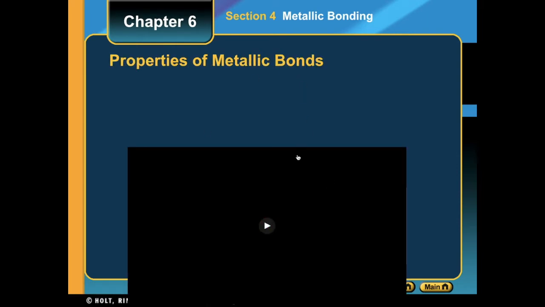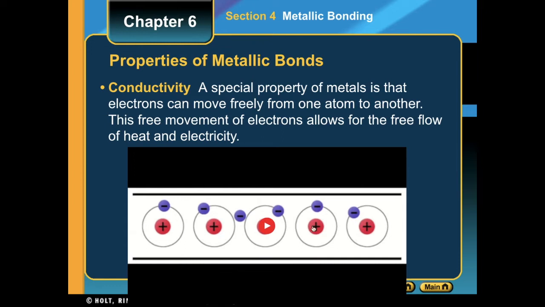So, first thing you need to know is that they can conduct electricity. So they have conductivity. This is a very obvious thing. The fact that their electrons are free to move from place to place means that they can carry electrical charge from one area to another. This is why if I attach one half of a wire to a battery and the other half to another part of the battery, an electrical current will run through that wire.